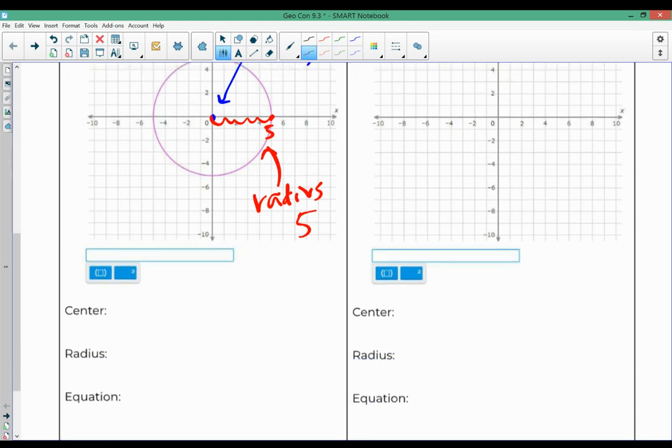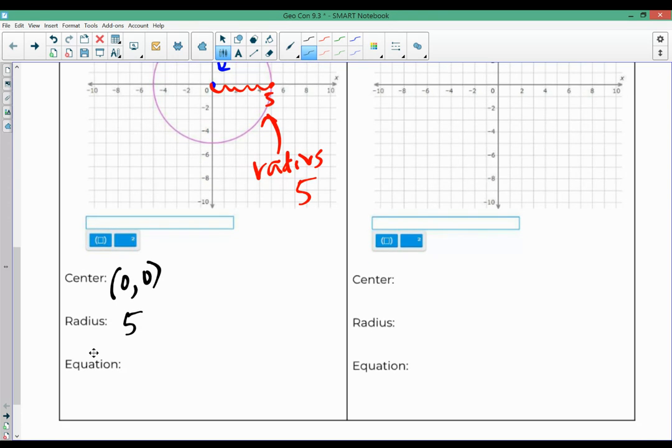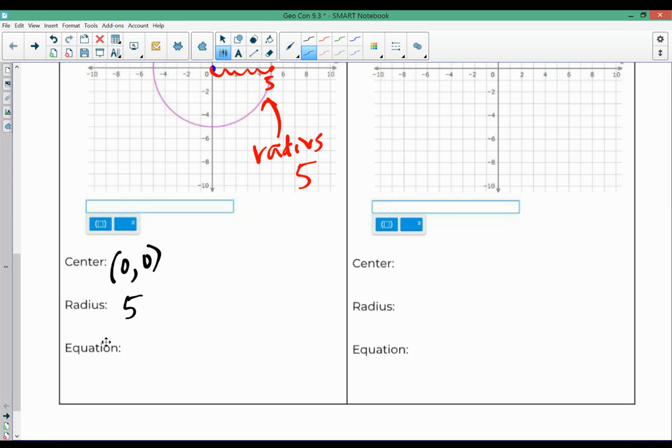So our center is 0, 0. The radius is 5. So our equation, remember the standard form, (x minus h) squared plus (y minus k) squared equals r squared.